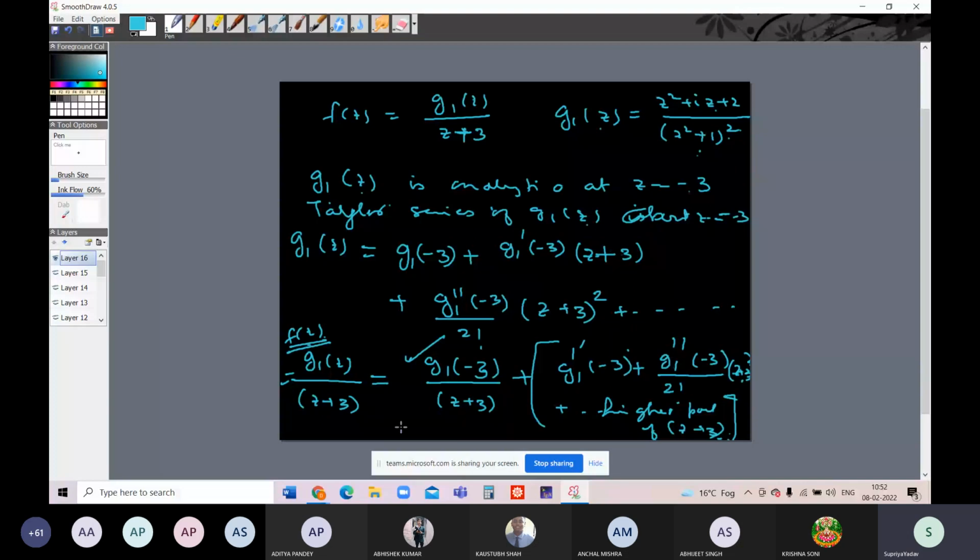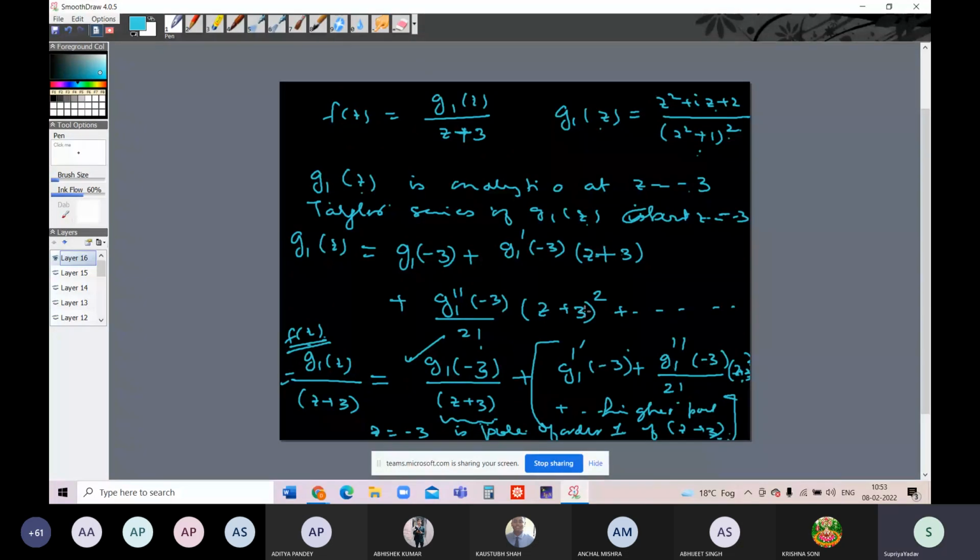So the principal part of the Laurent series for this function f(z) about z is equal to minus 3 contains only one term, which is (z plus 3) to power minus 1. It means that z is equal to minus 3 is a pole of this function of order 1, and a pole of order 1 is also called a simple pole. So z is equal to minus 3 is a pole for the function f(z), which is a simple pole.